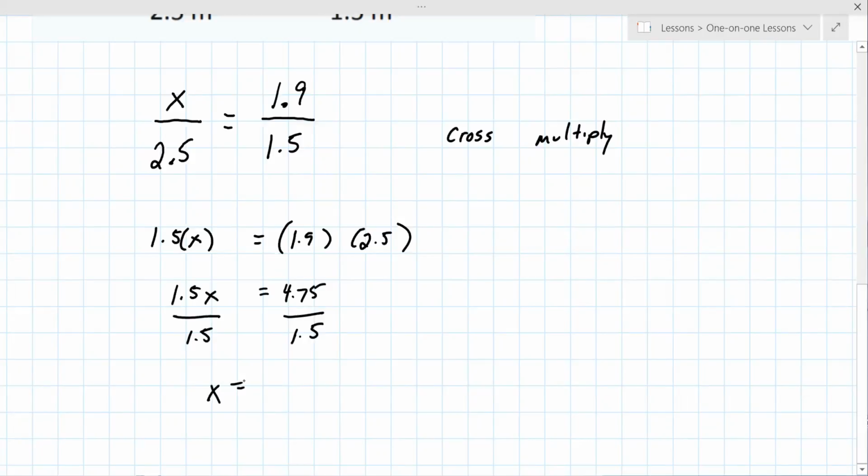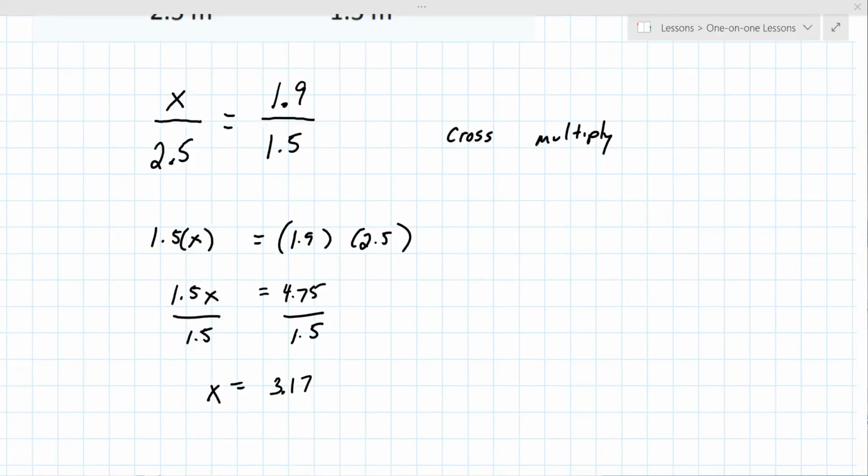So x equals, what are you going to get? I got 3.16. I agree. You get 3.16 or 3.17 when you round. So I hope that is enough to answer that question for you.